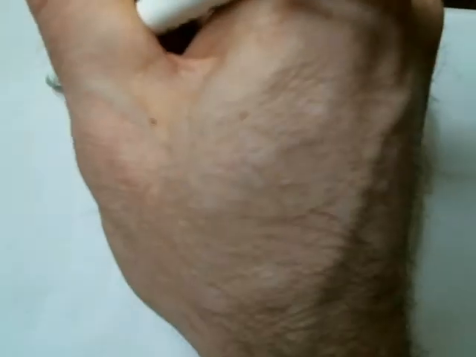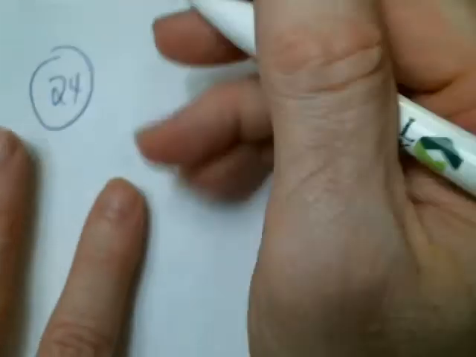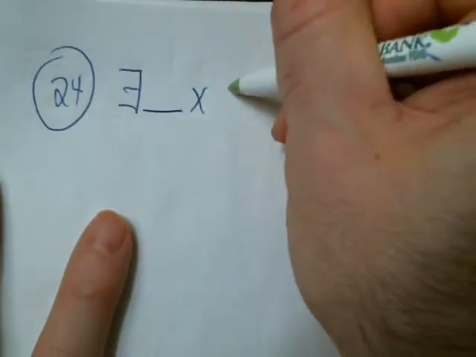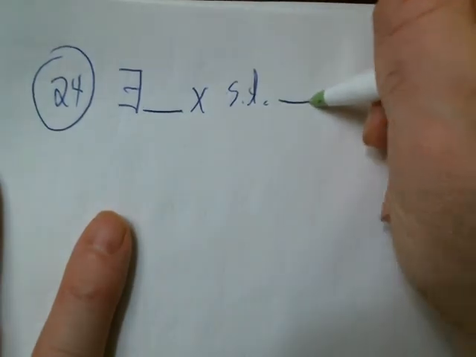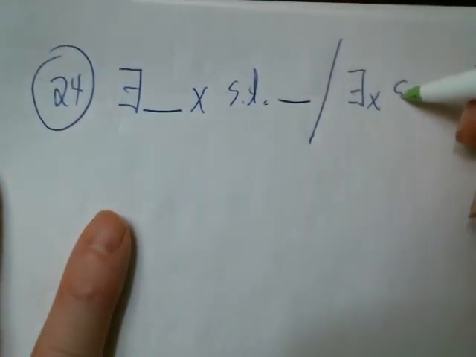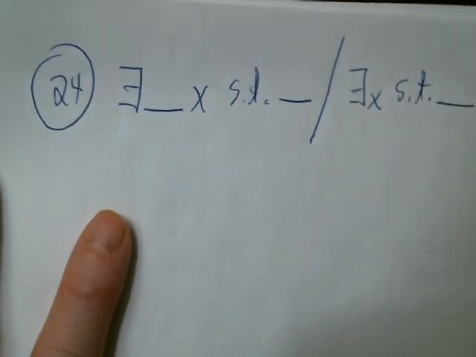Let's do an existential version now. This is, at least it used to be, 24, and we're going to play the same game. We're going to rewrite an existential statement in two different forms. There exists a blank x such that blank. And the other form, there exists an x such that blank and blank.